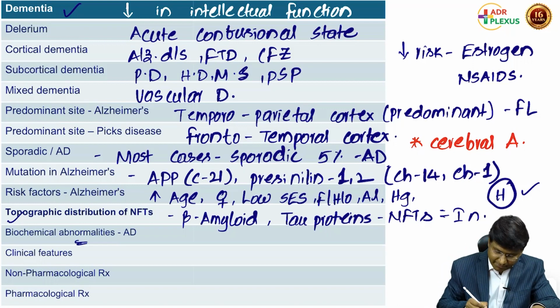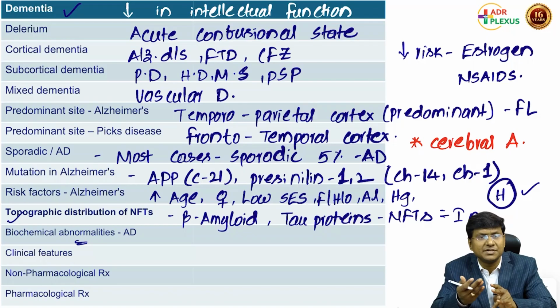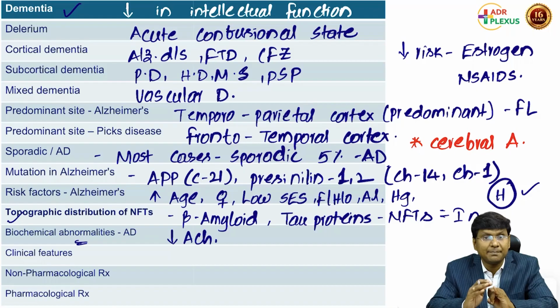And what are the biochemical abnormalities in Alzheimer's disease? There are certain neurotransmitters which are decreased. The primary biochemical abnormality is decrease in acetylcholine.